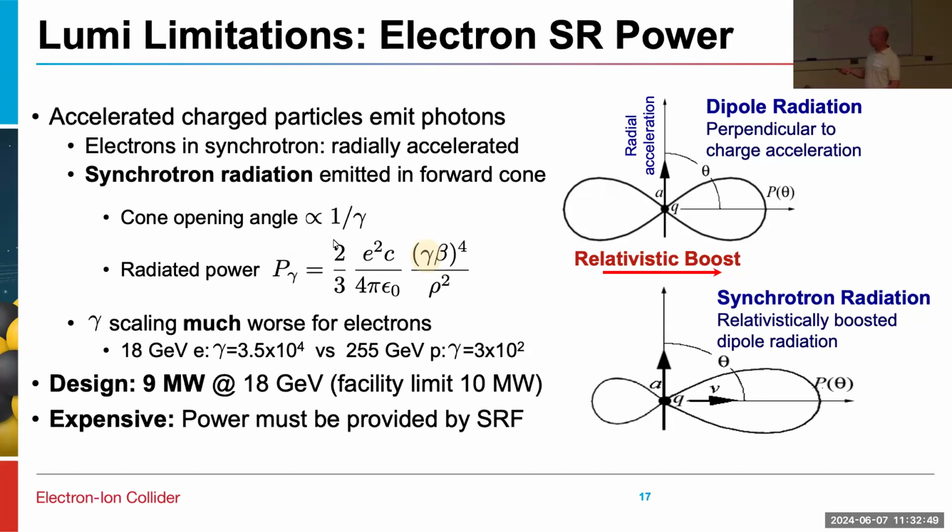So accelerated particles, they do emit photons, and in a synchrotron, so in a circular accelerator, they are radially accelerated, and due to the large velocity, the synchrotron radiation is emitted in a forward cone. What is interesting here is that the radiated power scales with gamma to the fourth power. So it scales with energy to the fourth power. It's a lot of power for our machine.